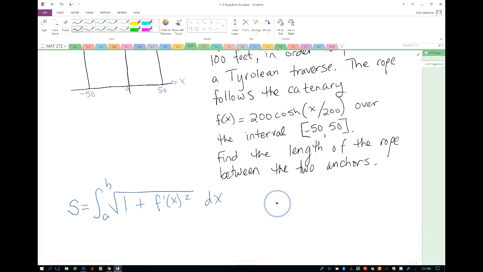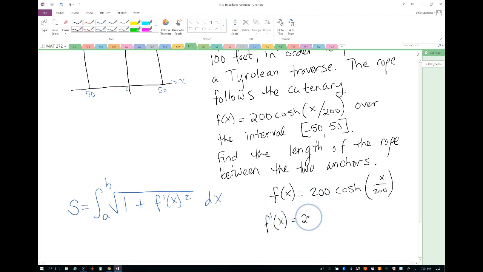F of x is 200 hyperbolic cosine of x over 200. So for f prime, 200 is just a coefficient, so it gets carried along. The antiderivative for hyperbolic cosine is hyperbolic sine of this same angle.